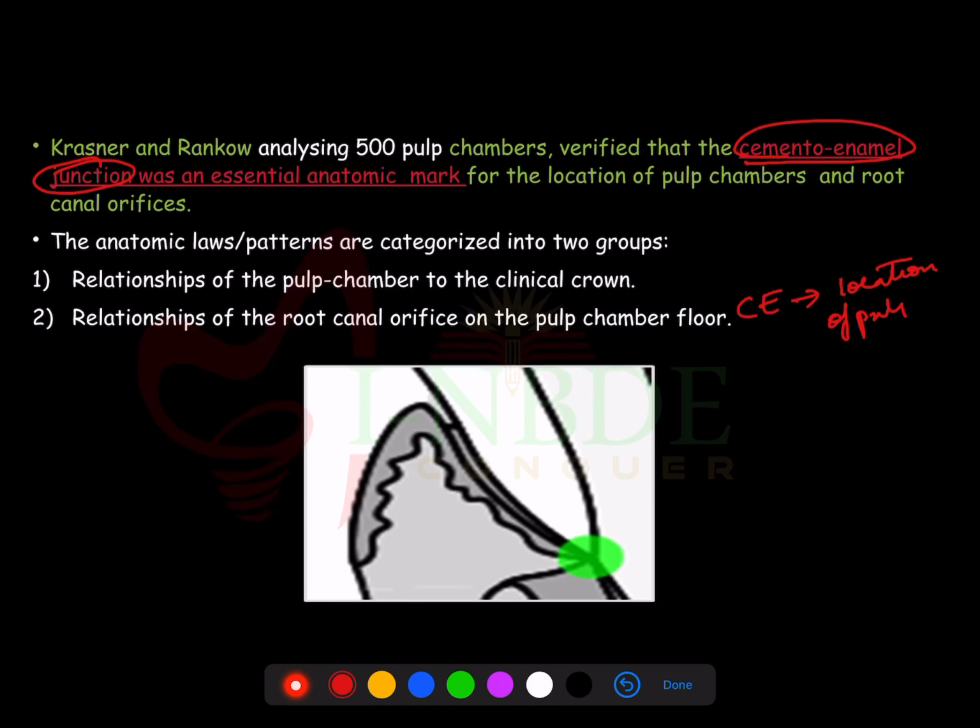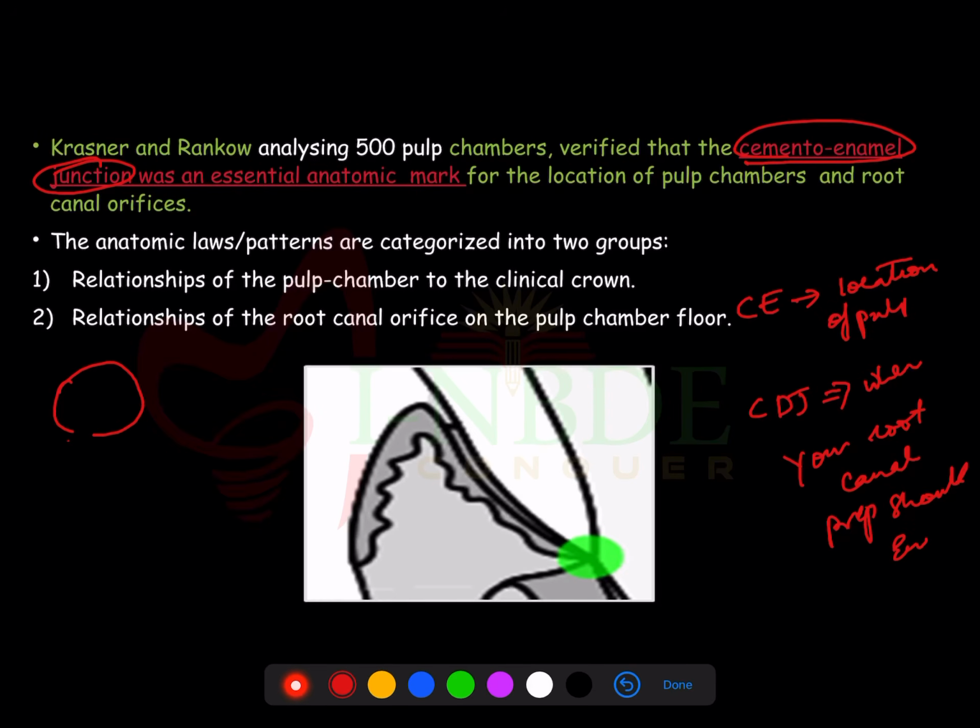So make a note, the cemento enamel junction is an important landmark for location of the pulp chamber and orifices, whereas the cemento dentinal junction is an important landmark where your root canal preparation should end. Okay, so if you see this dental structure, this is your cemento enamel junction, whereas this is your cemento dentinal junction.